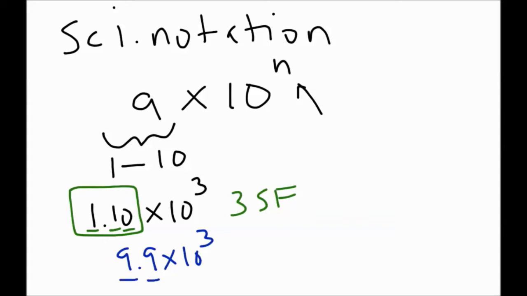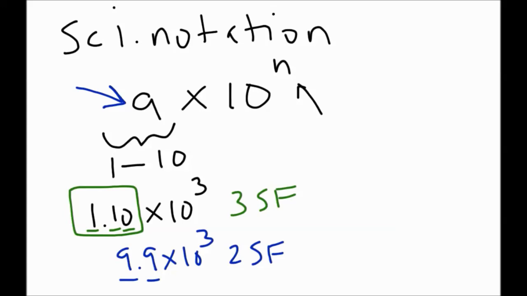This has 2 digits in the number before the times 10 to the third, which means this has 2 significant figures. One thing I do need to mention here is that in order to count this way, we need to make sure that we are in proper scientific notation. So this number here must be between 1 and 10, which is key in order to figure out the significant figures.